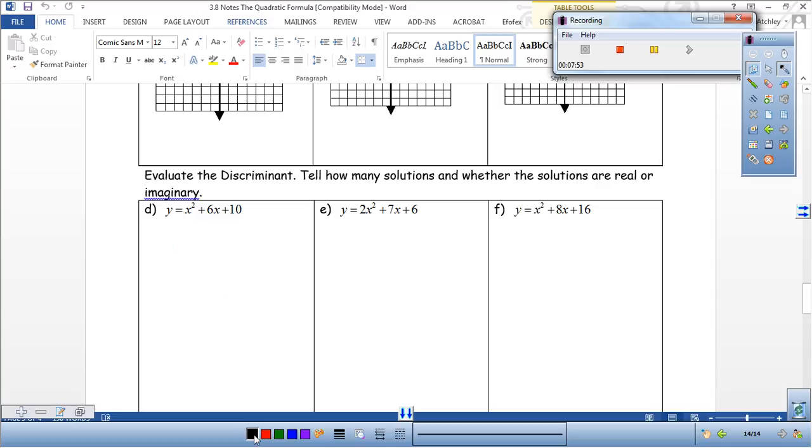Okay. So to review, we need to identify the a, b, and c. So Lisa, what is the a value in this one? 1. The number in front, it's in front of the x squared, so the a value is 1. Harvey? There you are. What is the b value? Okay.